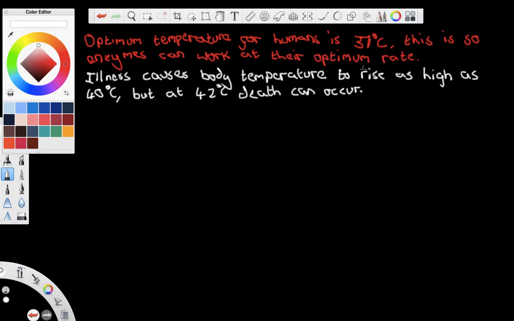Under normal conditions, so if you're not ill, if there's nothing wrong with you in terms of your health, your body temperature will not vary by more than 1 degree Celsius.